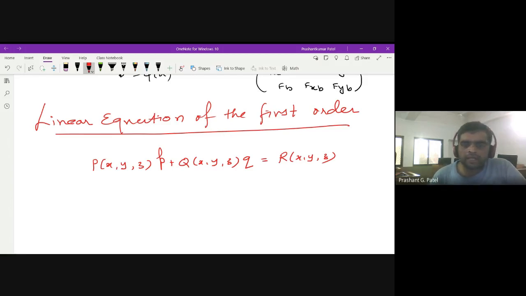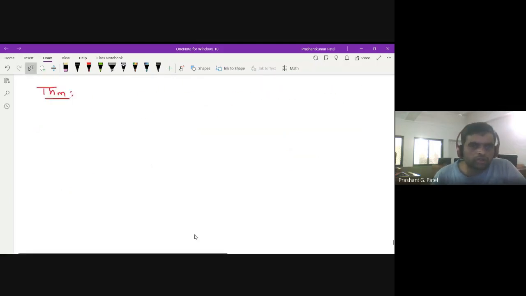We'll start with a theorem. This theorem tells you what the two linearly independent solutions for this type of quasi-linear equation will be, and so the general solution.